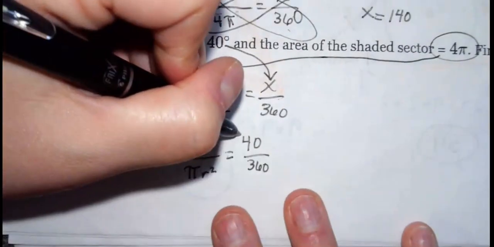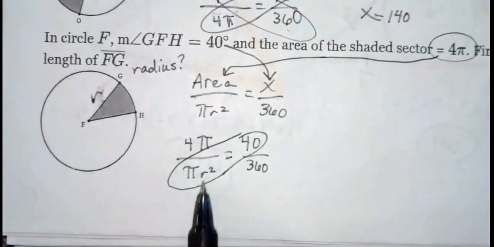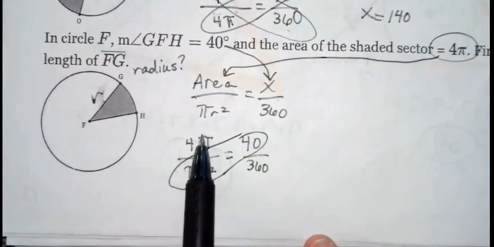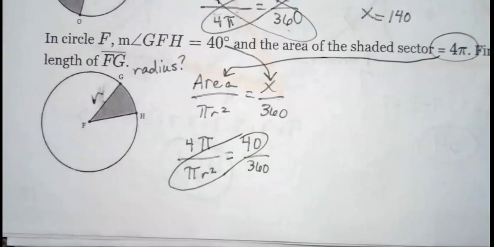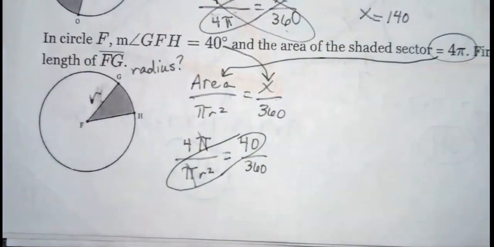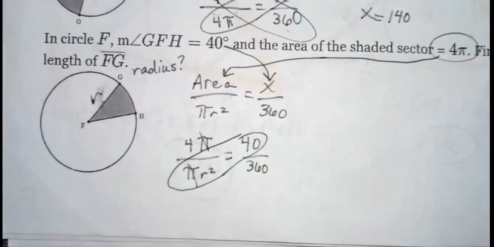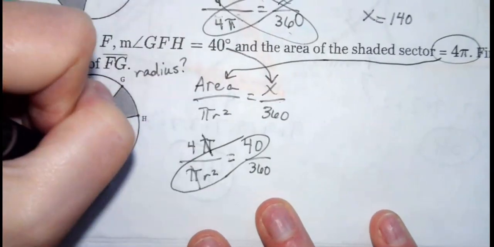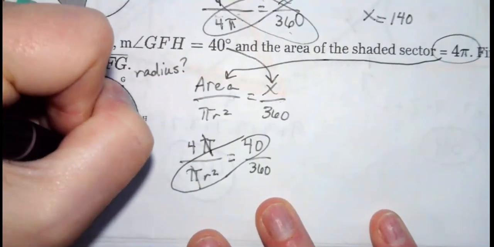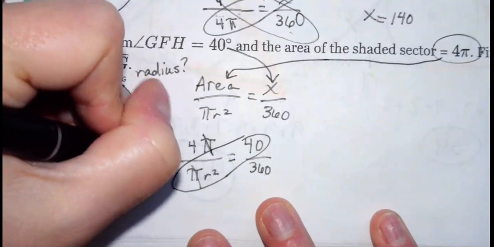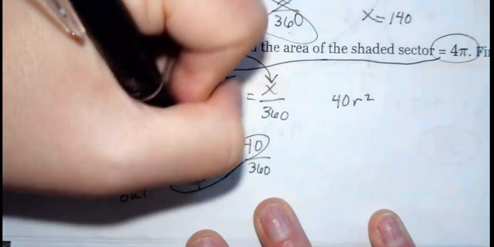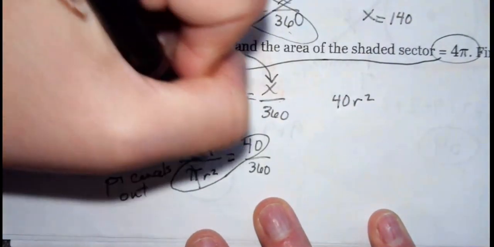And then you're going to cross multiply these things. But actually, before I cross multiply, what do you guys see on the top and the bottom here? That is the same. Yeah, it's pi up here, pi down there. You can cancel out the pi's, and those can disappear. So pi cancels out. So that becomes 40r squared. That gets multiplied together.